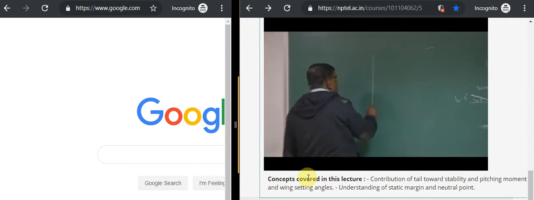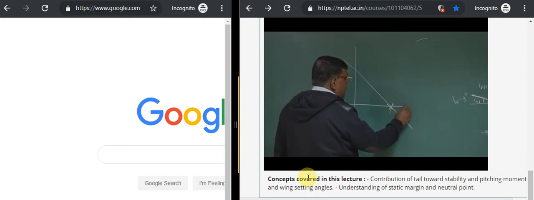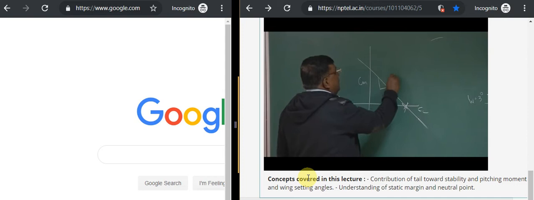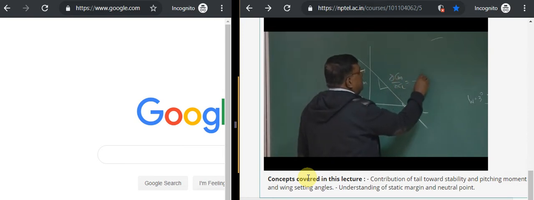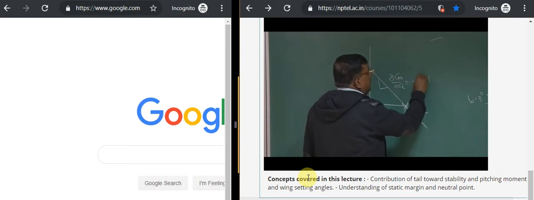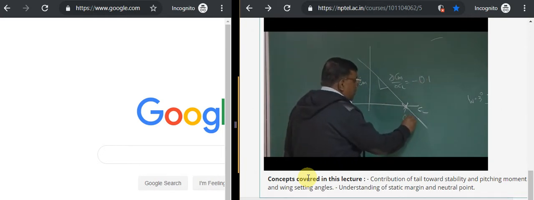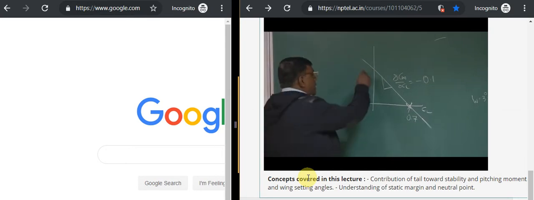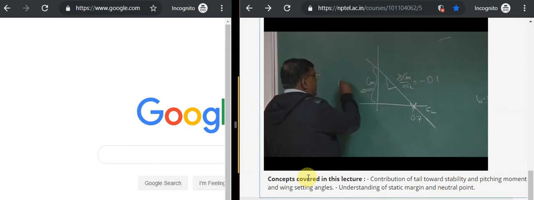Good one. And what is the trim here? This is CL and CM. The designer will say dCM by dCL will be minus 0.1, that is 10% static margin. Okay. And CL I say around 0.7. I want to trim the airplane at 0.7. So the designer will tell you to configure the airplane such that CM0 is 0.07.